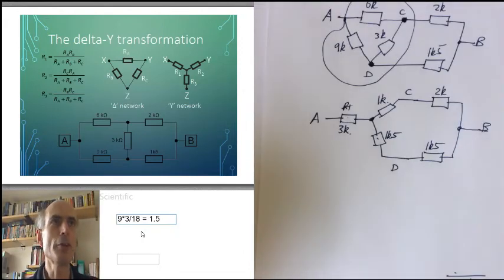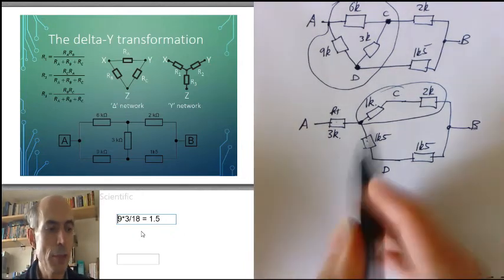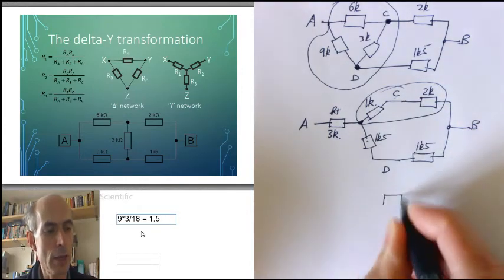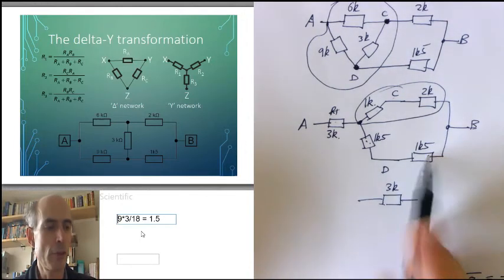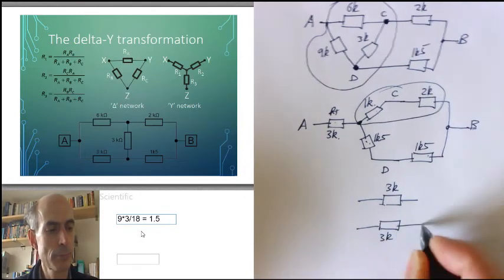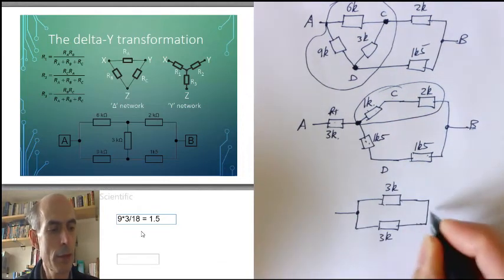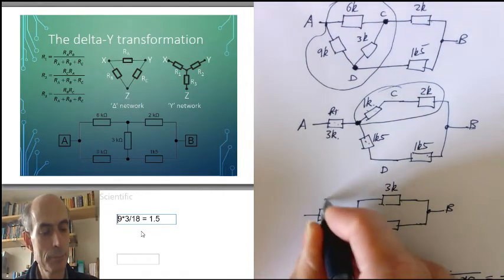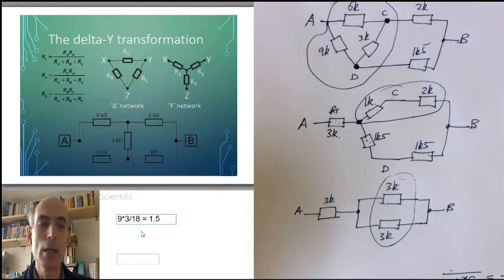Right, that looks better. These two resistors are in series. So we can replace them with a single resistor, which has the sum of these two resistances, 3K. These two resistors are also in series, so we can replace them with a single resistor, 3K. They join up at that point there, and they join up there and go to B, and there's a 3K resistor here going to A. Okay, these two resistors are in parallel, and they're equal.